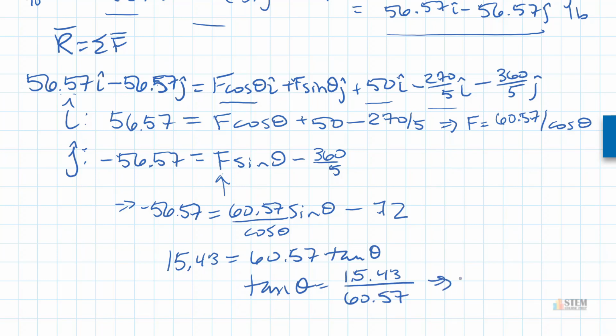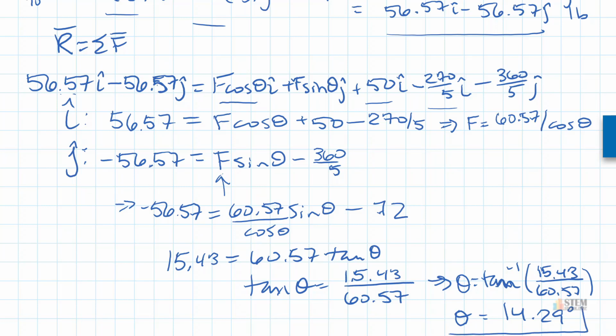So we just do the arc tangent. Whoops, I'm not sure what that number equals there, but that's what we do. And then theta is going to be 14.29 degrees. So that's one of the values I needed.